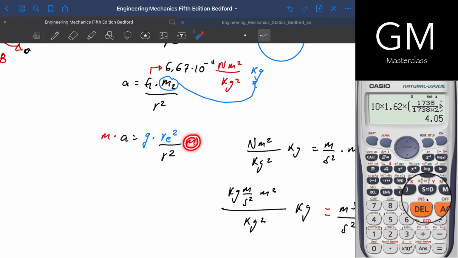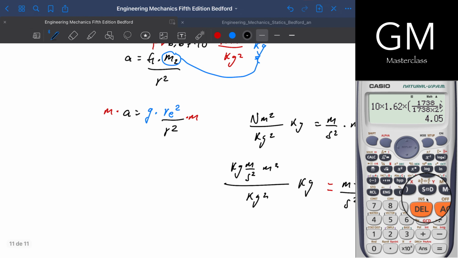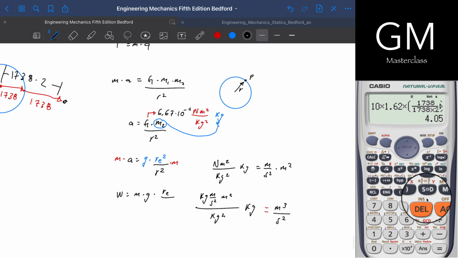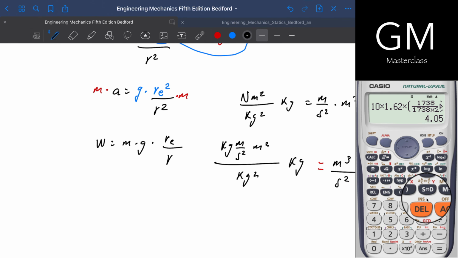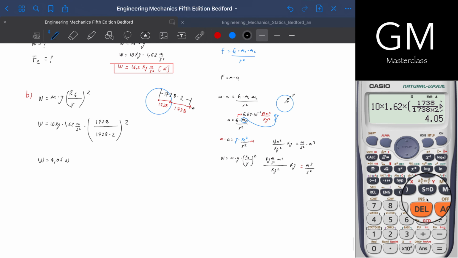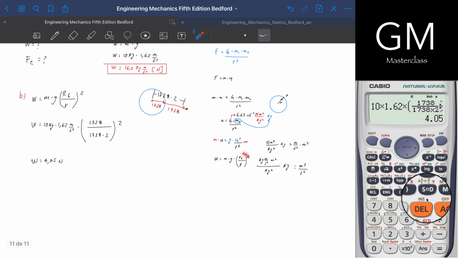Now a mass multiplied by the gravity is also a weight, but we're going to put it in those terms, the mass multiplied by the gravity. So the weight is equal to the mass multiplied by the gravity multiplied by RE, which is the radius of the planet or the Earth or the moon or whatever, divided by the distance between the object and the center of the planet, and both of them evaluated to the second power. So this is the same thing as this.